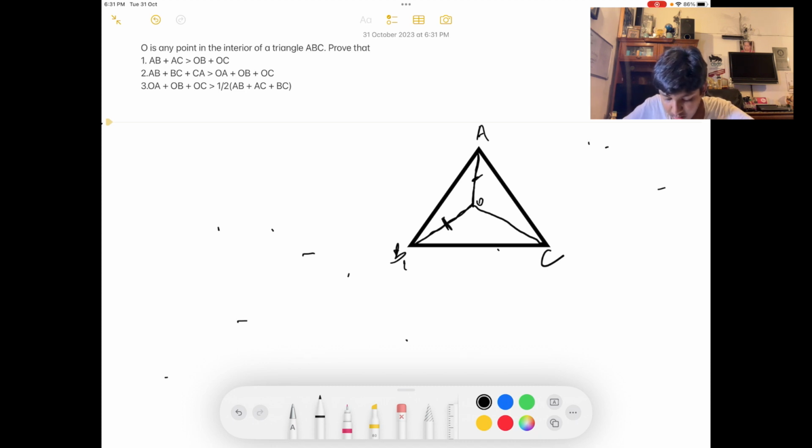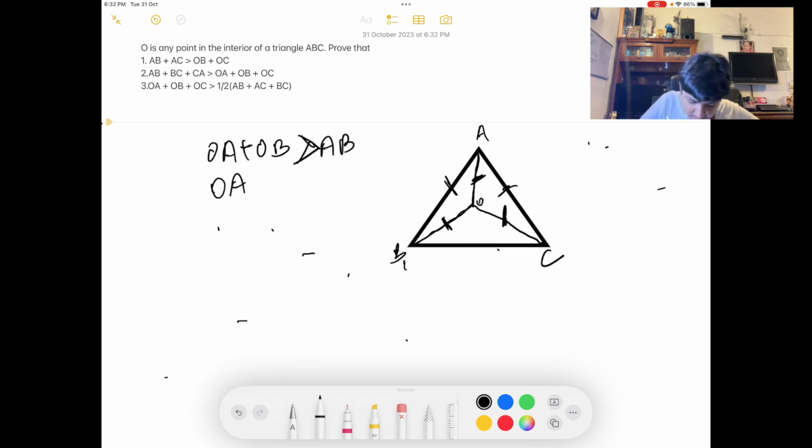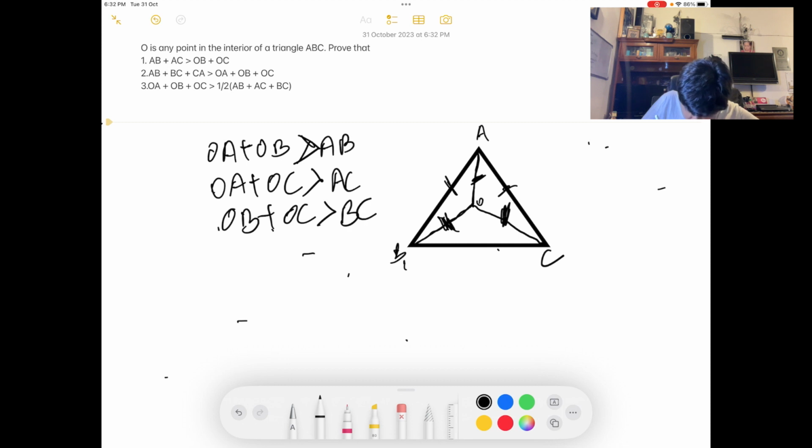You can see OA plus OB will be greater than AB. Why? When two sides of a triangle are added up, they will always be greater than the third side. So OA plus OB is greater than AB, right? Similarly, OA plus OC will be greater than AC. And OB plus OC will be greater than BC.